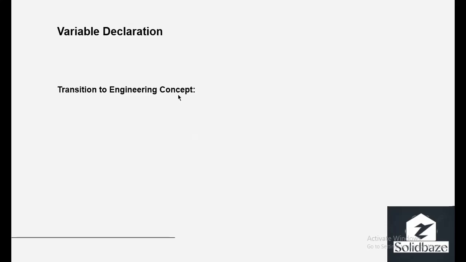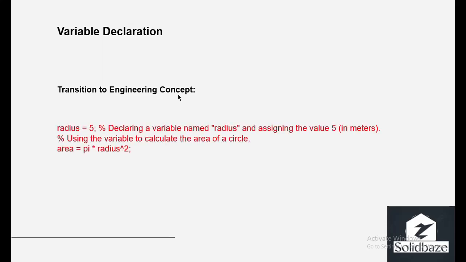So let's consider a simple example in Matlab related to an engineering context. Now, I want to declare a variable, a container, and I want to name the container radius. The radius should hold a value 5. This is declaring a variable named radius and assigning the value 5 in meters.